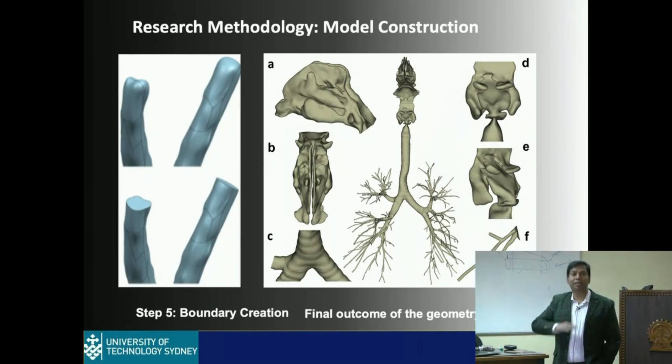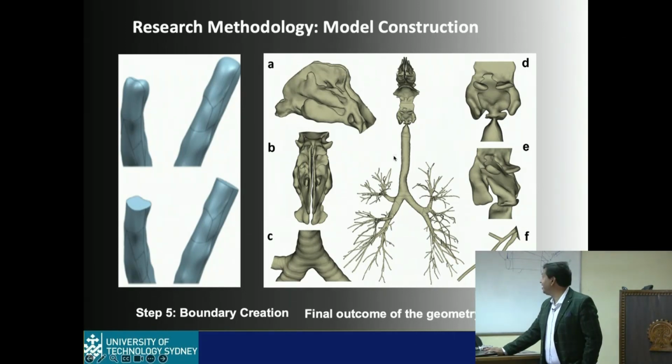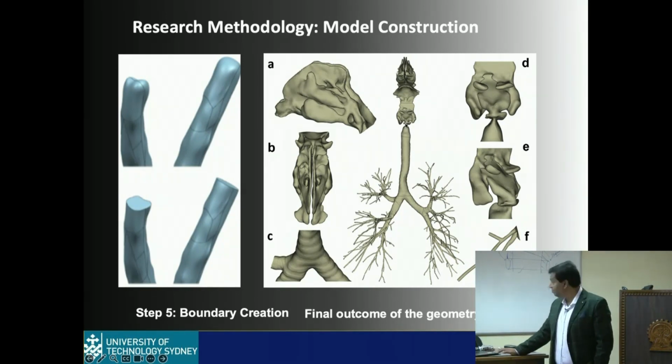I got this part from India, and this part from China. Then I connected them together. Here you can see it's connected at the larynx. You see how tiny it is here. So this is the complete geometry.